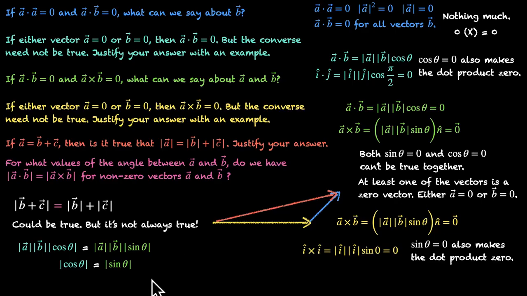So 45 degrees and 135 degrees are the two angles where we have mod of cos theta equal to mod of sine theta. For pi by 4, we have both of them equal to 1 by root 2. For 3 pi by 4, we'll have sine of 3 pi by 4 as 1 by root 2 and cos of 3 pi by 4 as minus 1 by root 2. But their magnitudes will be equal because we'll take the positive values.